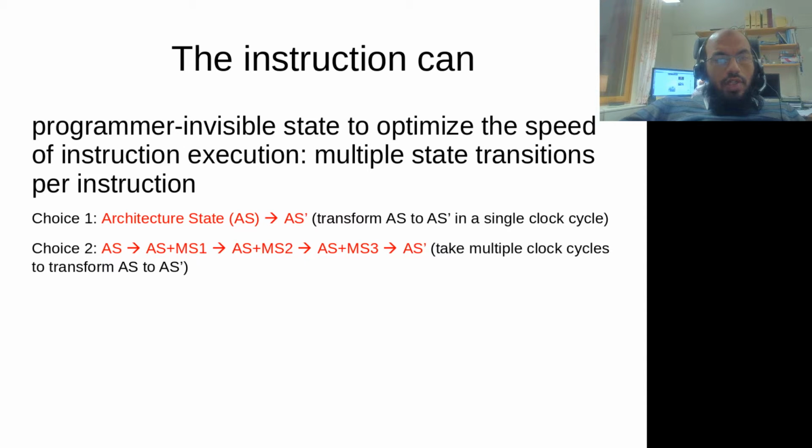Then one way is basically to have a condition that to transfer from the first state to the second state, you must do that in a single clock. That basically means that your processor can only be as fast as your slowest instruction that you're trying to implement.